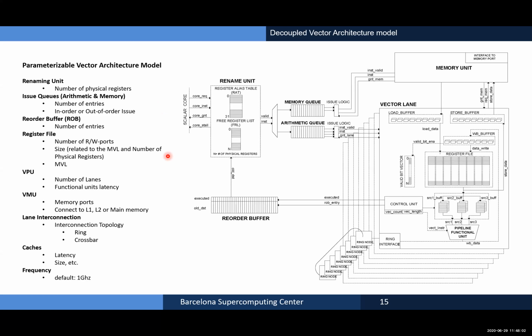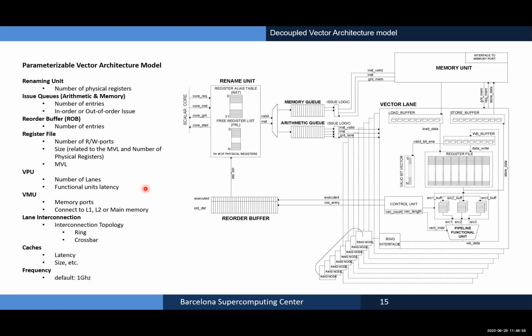For example, we can change the number of physical registers in the renaming unit, the number of entries in the issue queues, the type of issue, the reorder buffer, the register file, the number of read-write ports into the register file, and the maximum vector length, which is the maximum number of elements that you can operate with. The number of lanes in the vector processing unit you can also change. You can change the latency of the functional units, and define a different number of memory ports.